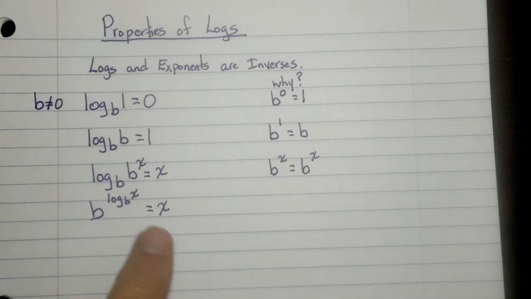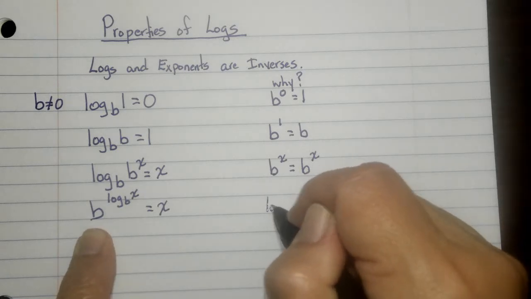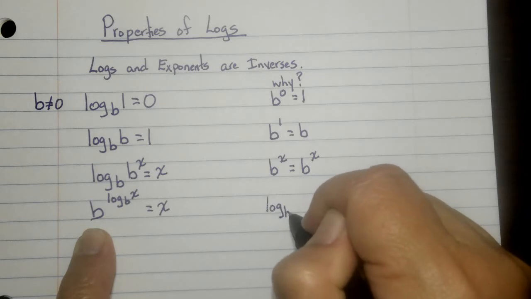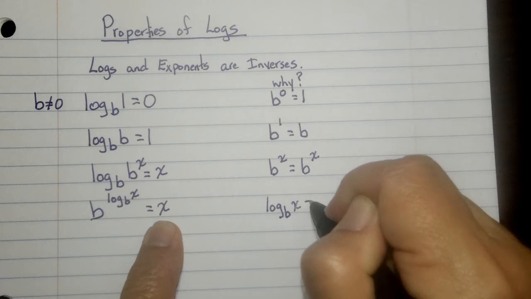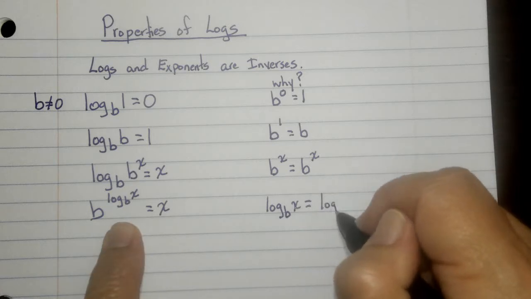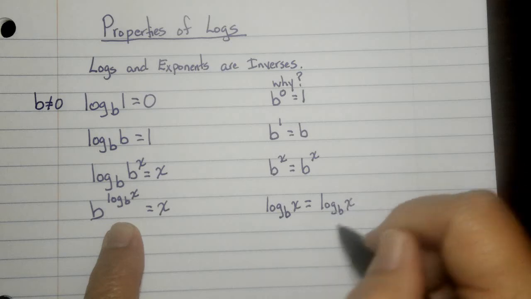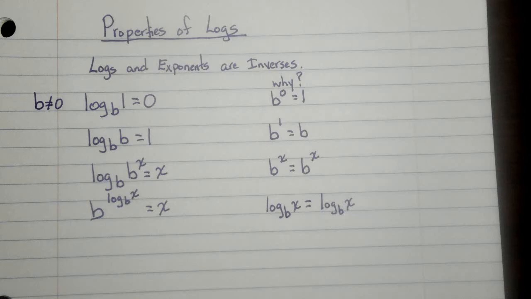So this is an exponential equation, so let's turn it into its log equivalent. The base is the base. So I would write log base b of x equals this exponent, which is log base b of x. So it's true.